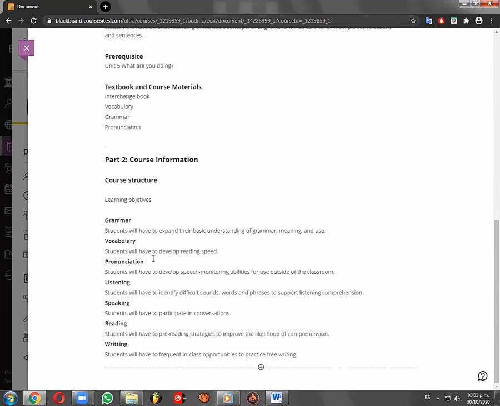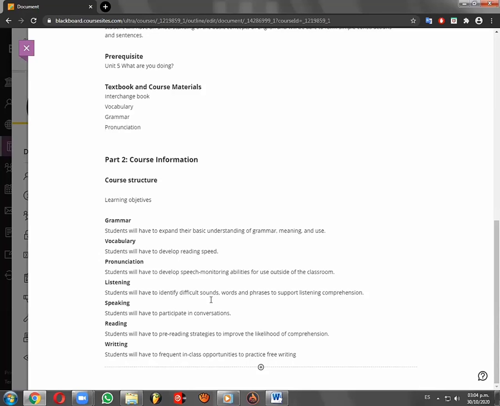Also, students will have to develop reading speed and pronunciation. Students will have to develop speech motoric abilities for use outside of the classroom. And also, the students will have to identify difficult sounds, words, and phrases to support listening comprehension.